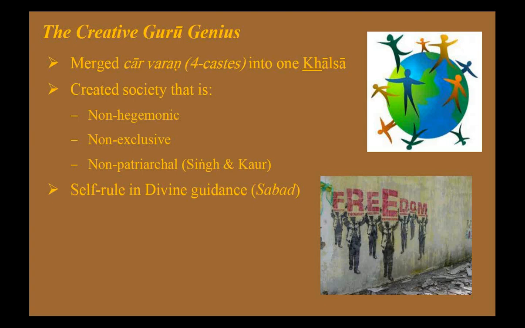He eliminated all of that, where Singh and Kaur became our names. And self-rule, self-realization, of course, but self-rule and sovereignty through the instruction of Shabad became the goal of all Sikhs, of all that would join in and be inspired in the community of the Khalsa.